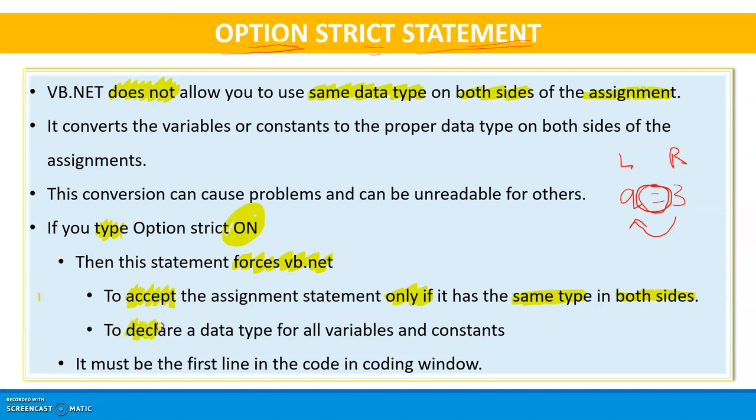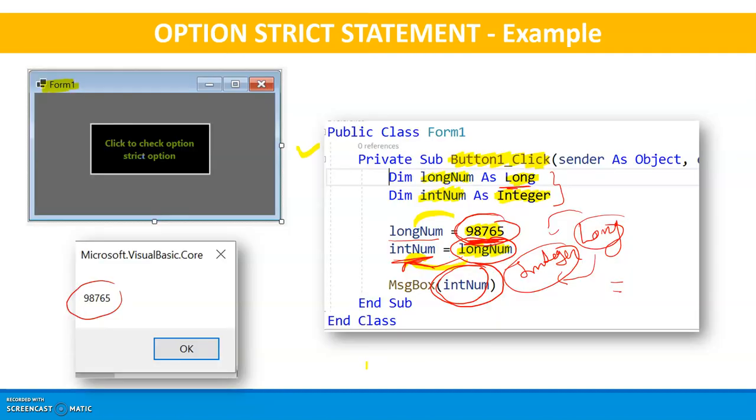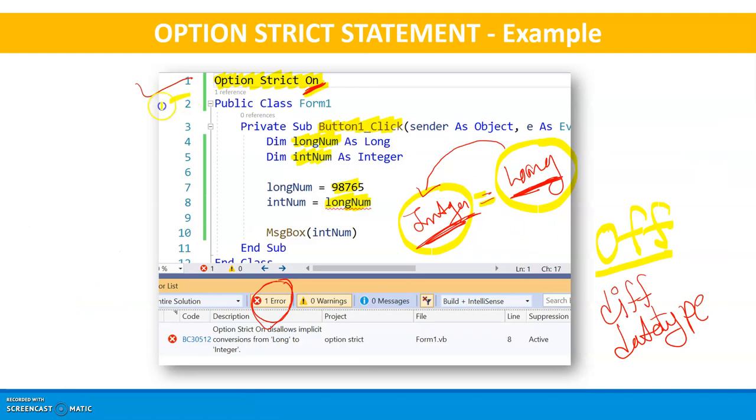In practice you will see that in certain cases, if you have not declared a variable, you will still be able to use it. But if Option Strict is on, you have to declare the variable. And the last point: it must be the first line in the coding window. So here we have the coding window, and the Option Strict On statement should be the first line of your code.